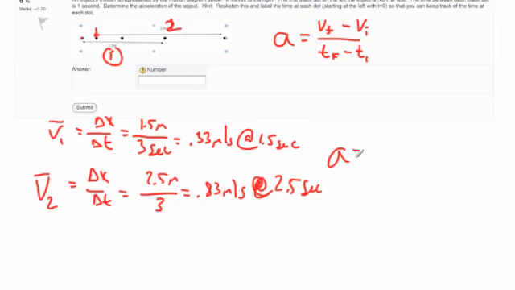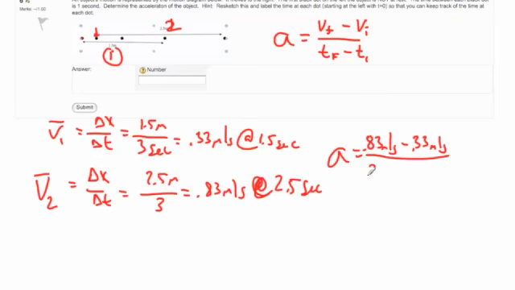All right, well now we can find our acceleration. The ending velocity, or the second velocity, is 0.83 meters per second, and the beginning is 0.33 meters per second. That's our two velocities.